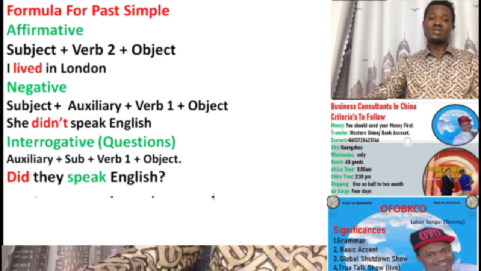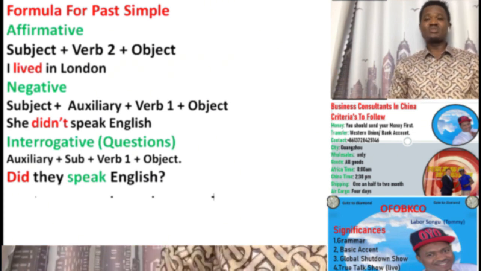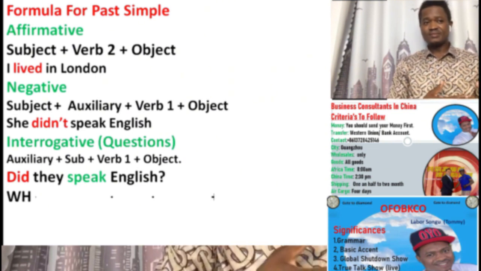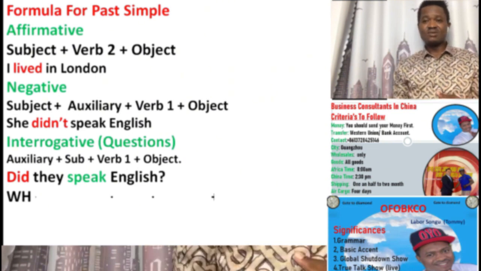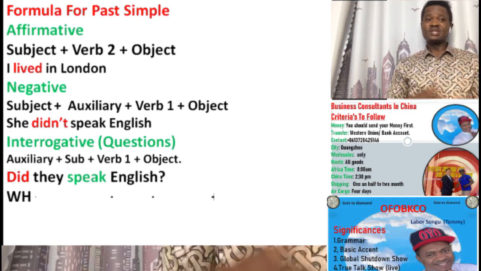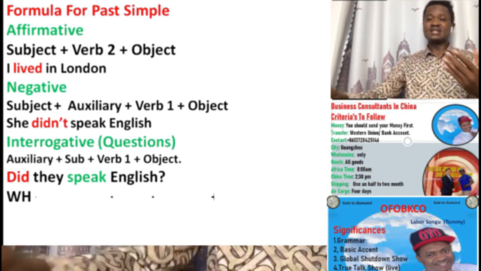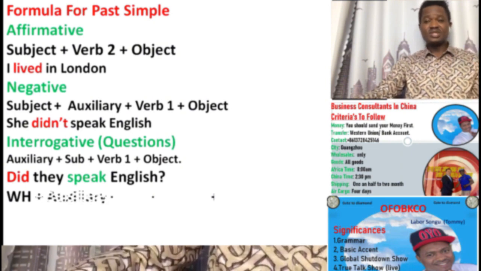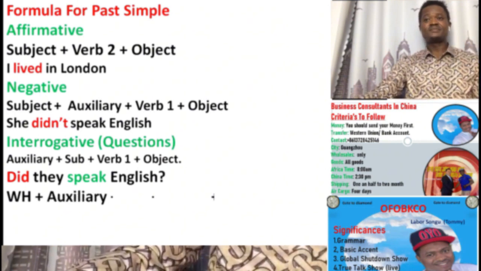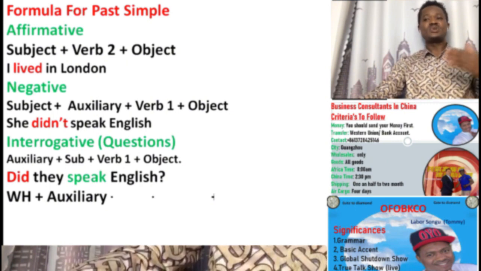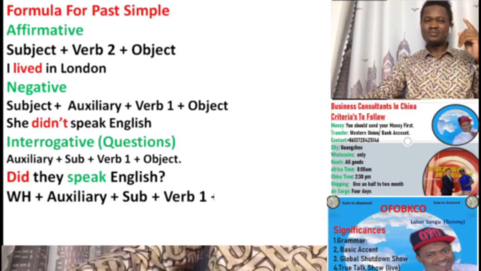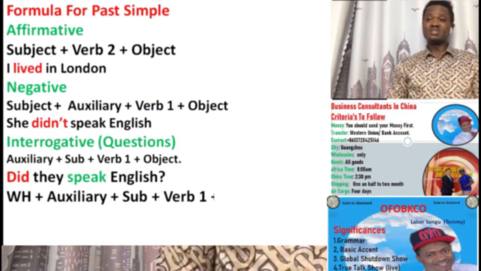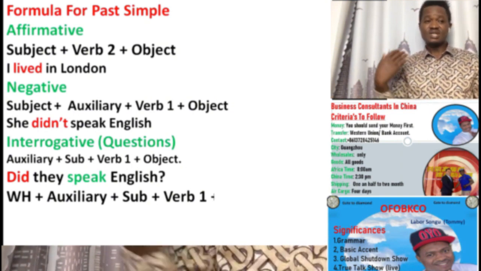All right, so we have to come to the double question. When we talk about the double question, it comes before the auxiliary verb. From the auxiliary verb, then you go to the subject. That's the difference about the double question. So: question word plus auxiliary verb plus subject plus the V1 verb, so the verb should be in the base form, and plus object.